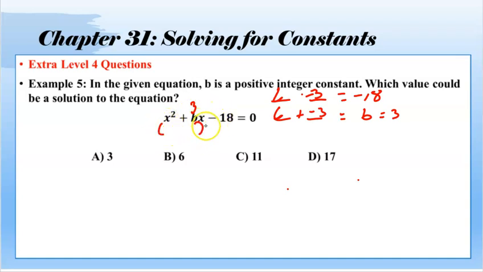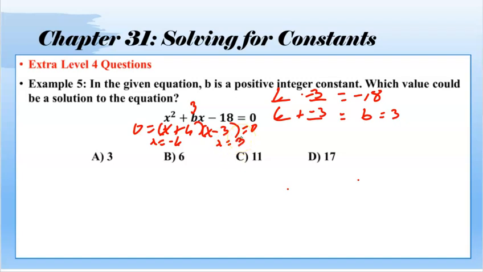I can factor this. So this would be x plus 6 times x minus 3, because 6 times negative 3 is negative 18. 6 plus a negative 3 is 3. Now if I make each of these equal to 0, here x is going to equal a negative 6, and over here x is going to equal a positive 3.